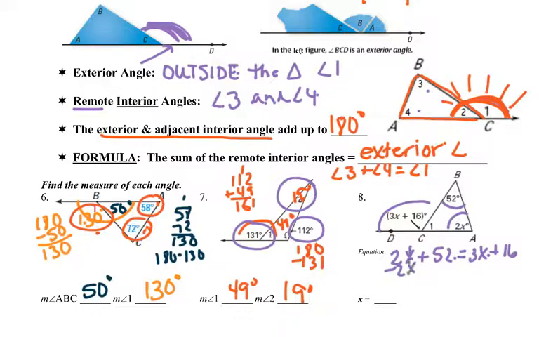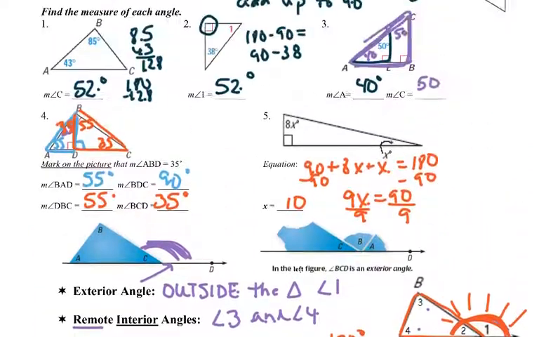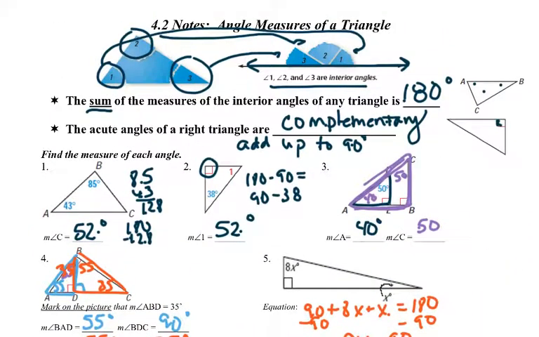And I could solve this here by subtracting, and I'm going to subtract 16. So 36 equals x, so x is 36. Yep. Sum of the remote interior equals the exterior. So those are a lot of rules there, but they're all tied into angle measures of a triangle.